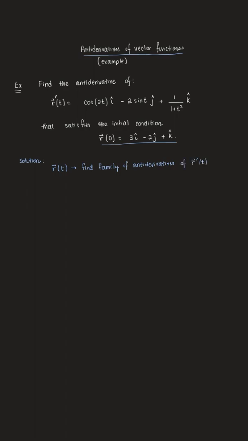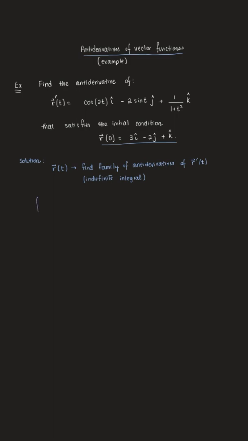Once we do that, the initial condition that we have will allow us to find the vector c that we need, the specific function whose derivative is given and passes through and contains the vector r of 0. So let's do the indefinite integral first.